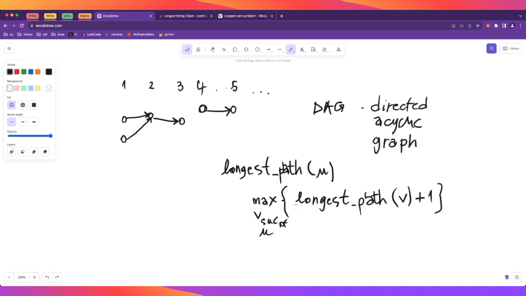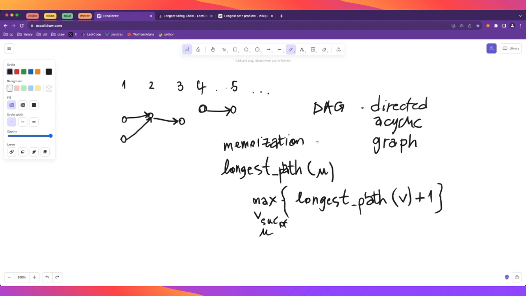But the point is that we can have this recursion, and since there are no cycles, we are eventually going to get to a base case, which is the one that I mentioned, where a node doesn't have any successors anymore, and we can use memoization to compute this quickly without recomputing the longest path for each node.